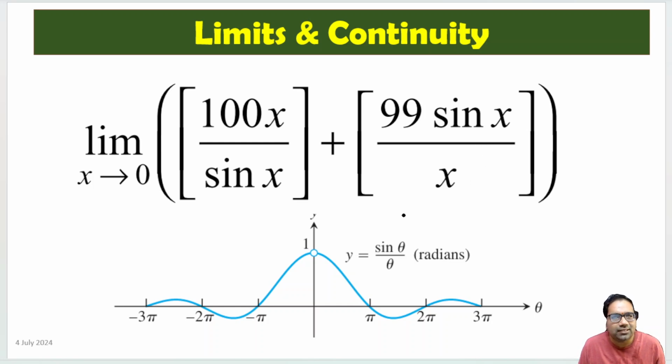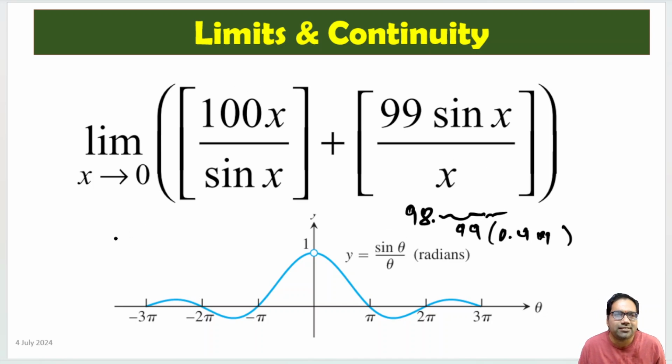So here, 99 sin x by x is something like 99 into 0.99999 something. So it is lesser than 99. 99 into 0.99 something is something like 98 point something, 98.99, whatever.